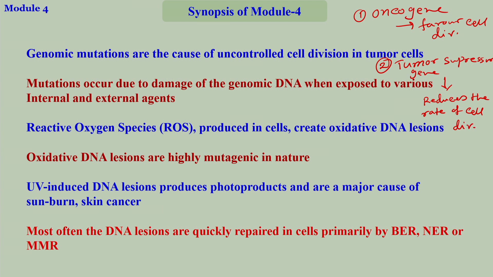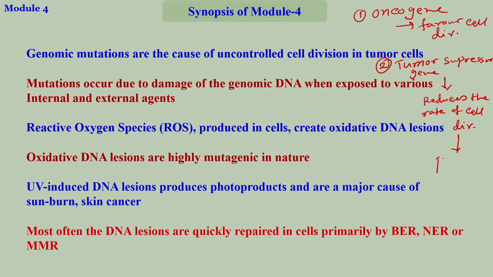So, one gene is accelerating cell division, the other gene is decelerating the cell divisions. Now, when these two genes act properly, then we have a controlled cell division that happens all the time in our body.